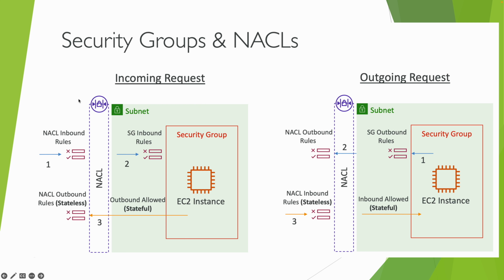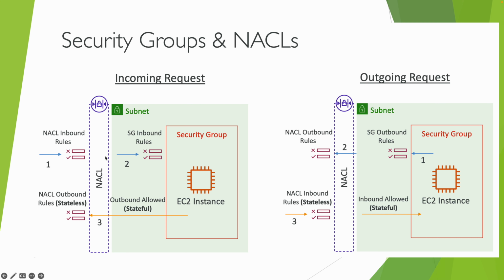If you see the diagram here, this is our public subnet, and inside it we have a security group, and inside it we have an EC2 instance. The EC2 instance is assigned to a security group, and this subnet is assigned a NACL. When you get inbound traffic, it goes to the NACL, which checks whether this traffic is allowed based on the rules. Only if it is allowed does it enter the subnet.